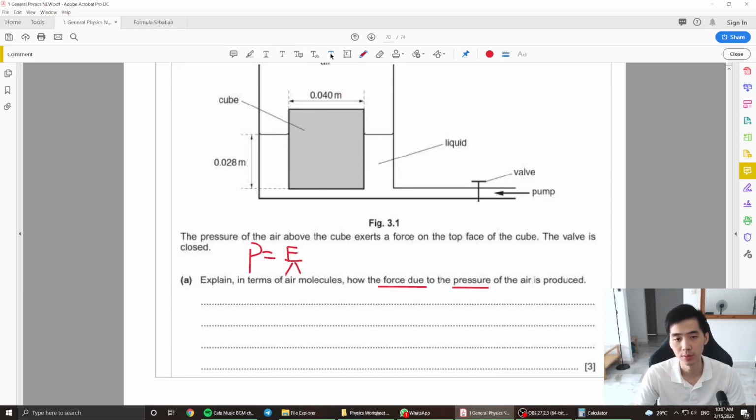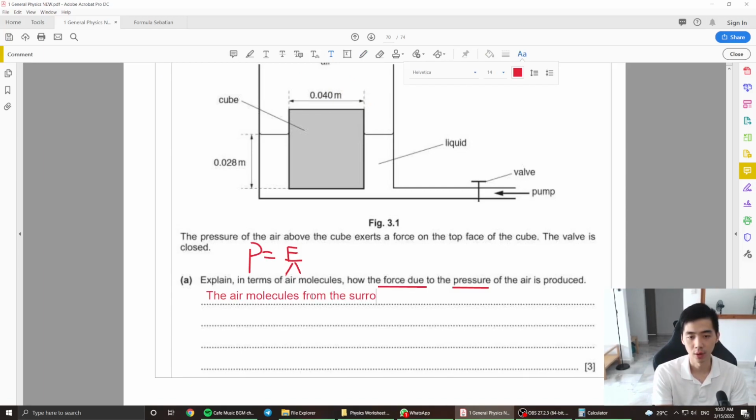So if you're supposed to write this down, it's going to be something like the air molecules from the surrounding are consistently colliding against the top of the cube here.